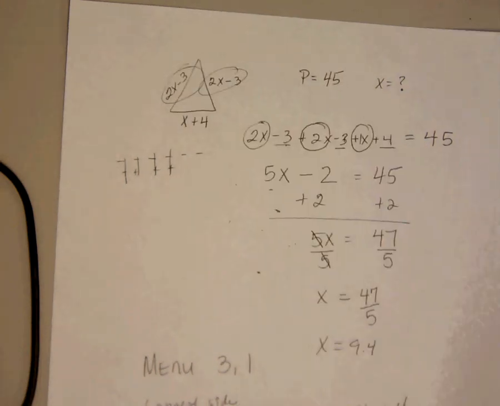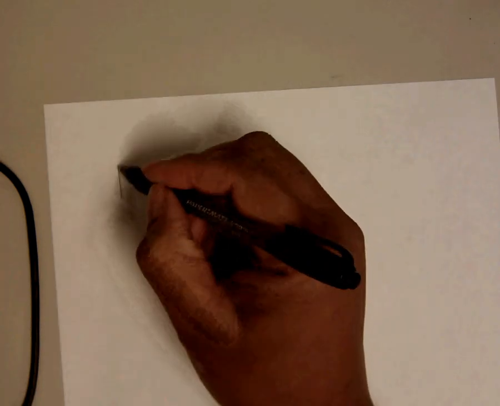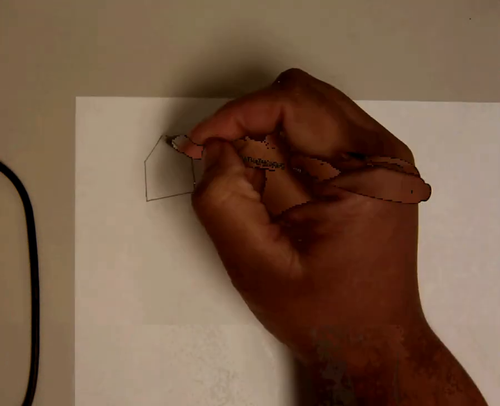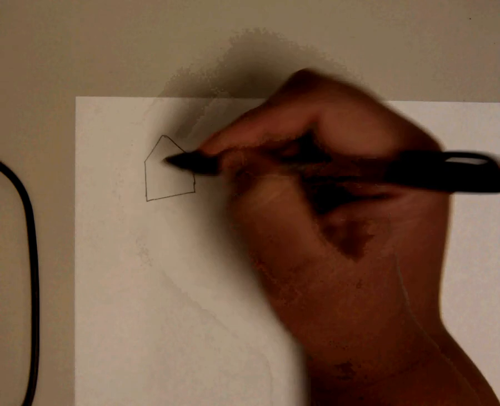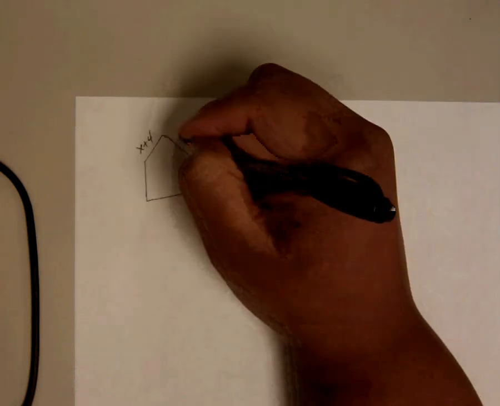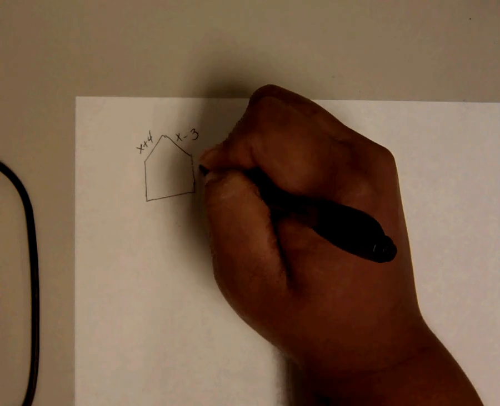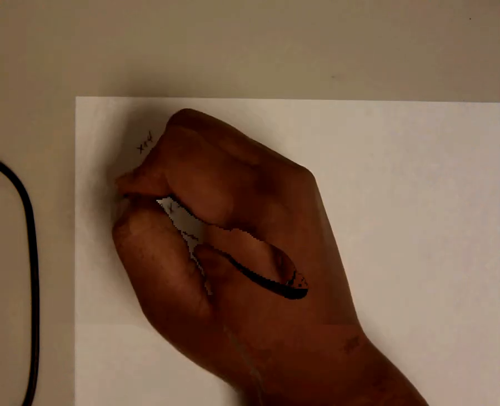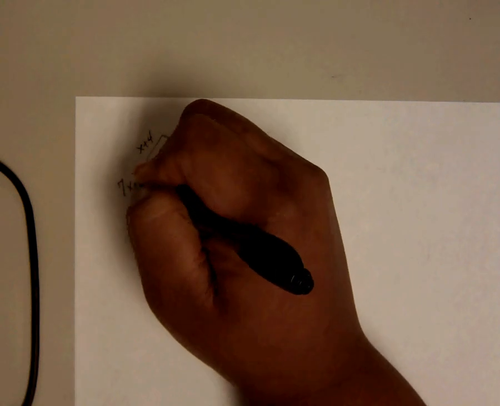Okay, I'm going to do one more. I'm going to give you another polygon. This is a pentagon. 1, 2, 3, 4, 5 sides, a pentagon. And we're going to do x plus 4, x minus 3, 2x plus 1, 3x minus 5, 7x plus 2.